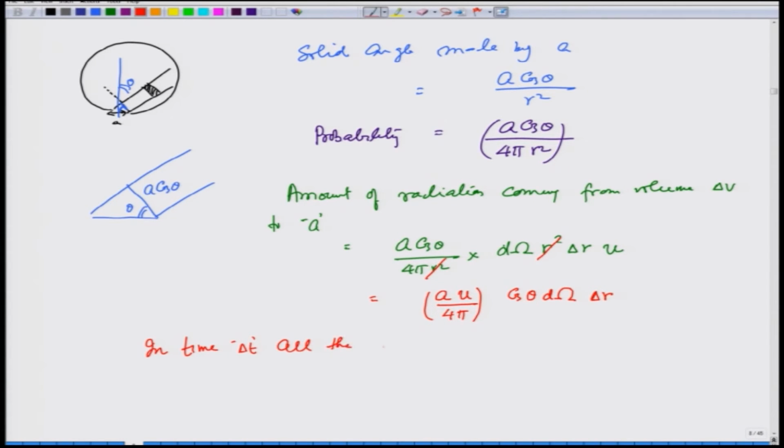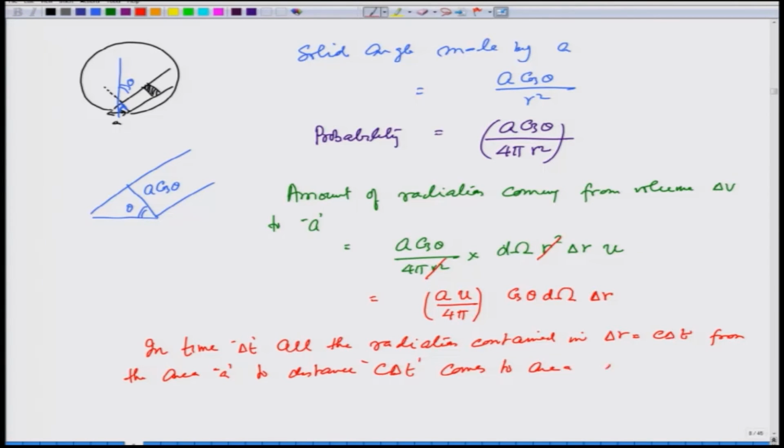All right. So, now in time delta t, all the radiation contained in delta r equals c delta t, at distance c delta t from the area A, comes to area A. So, the total radiation coming out in time delta t is going to be A u over 4 pi cosine theta c delta t, where c is the speed of light.